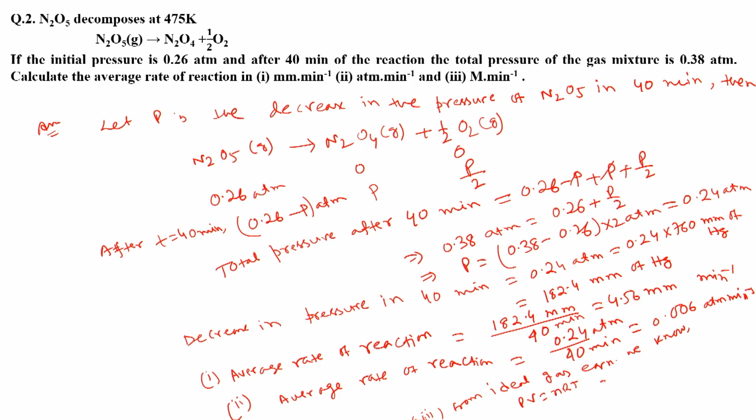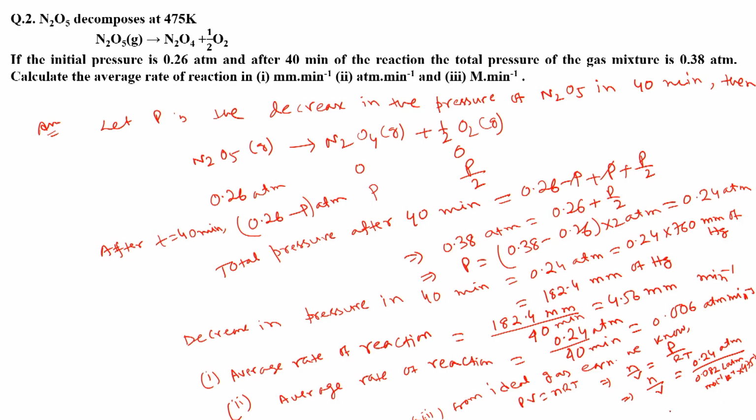So we calculate n by V is P by RT. So we get n by V, where P is 0.24 in atmosphere unit, R is 0.082 in liter atmosphere mole inverse K inverse, and T is 475 K.